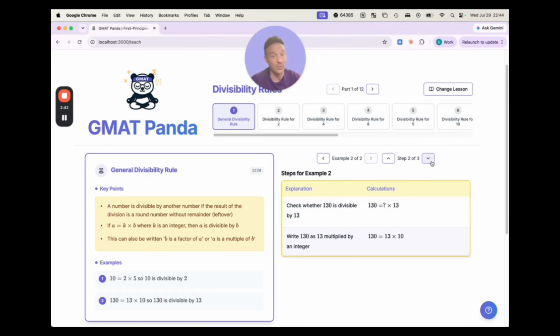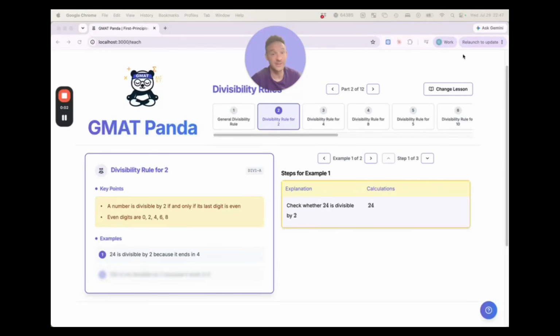It turns out that we can write 130 as 13 times 10. And 10 is a round number, so we're good to go. We can say that 130 is divisible by 13, that 13 divides 130, that 13 is a factor of 130, or that 130 is a multiple of 13.